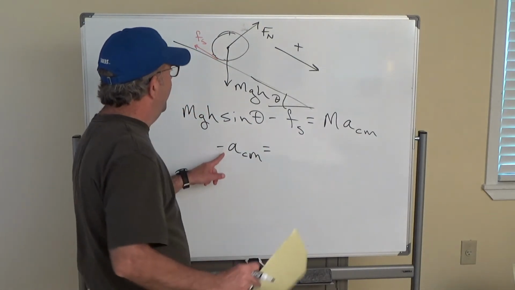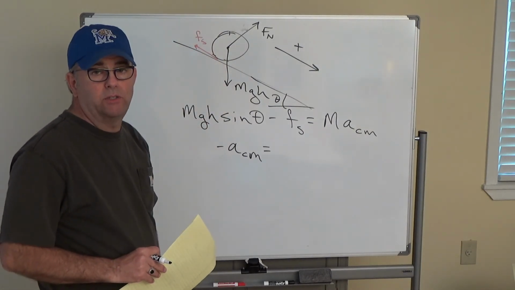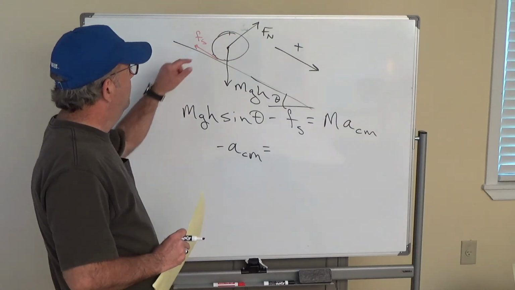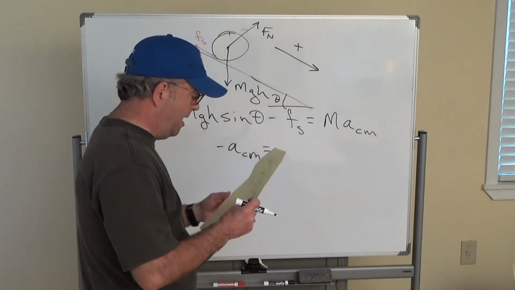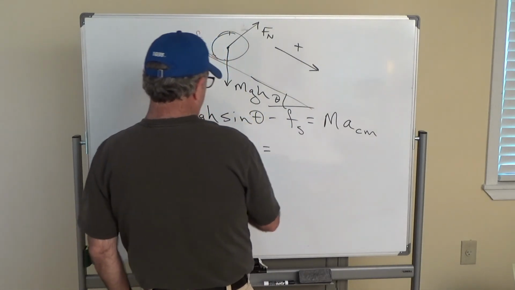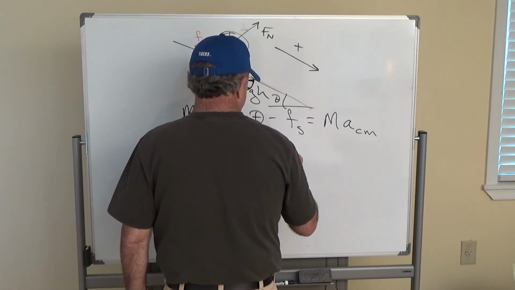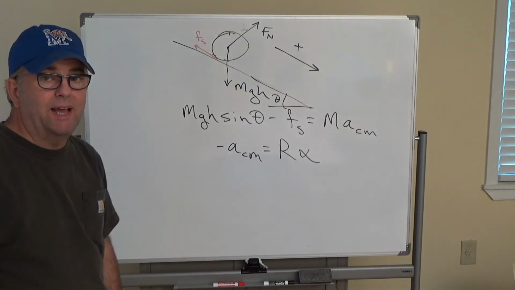The reason I put the negative in here is because this is a clockwise torque and it's negative. It takes a minute to figure out the signs to make these things come out correctly, but anyway, okay. Minus a center of mass is R alpha. We did that the other day.